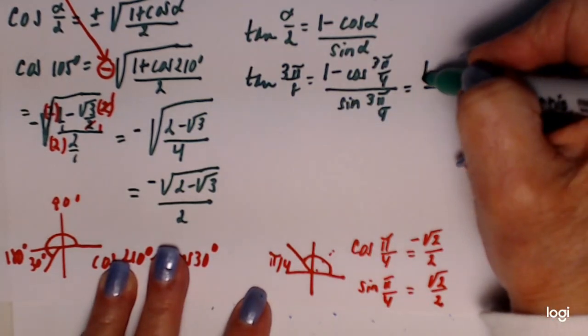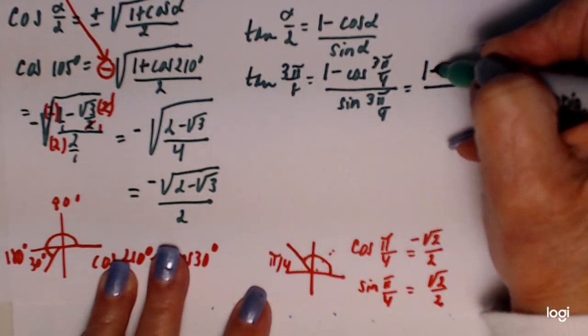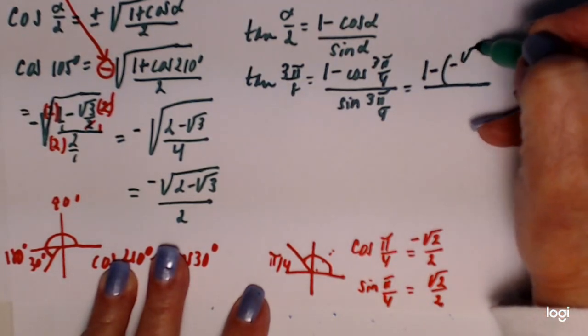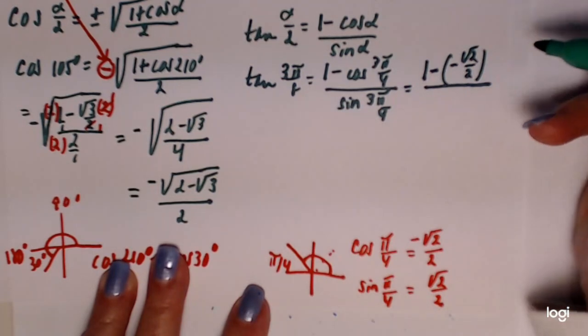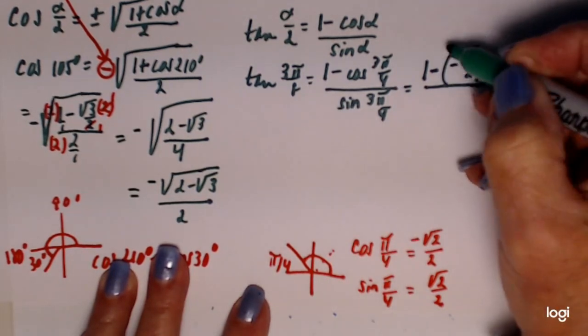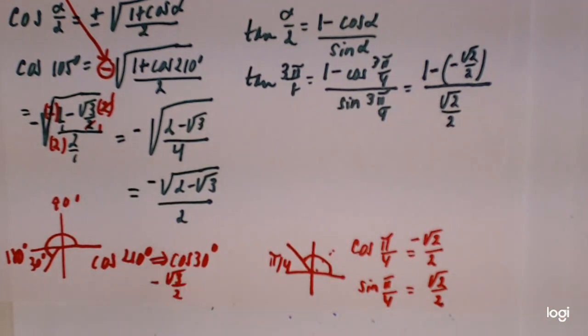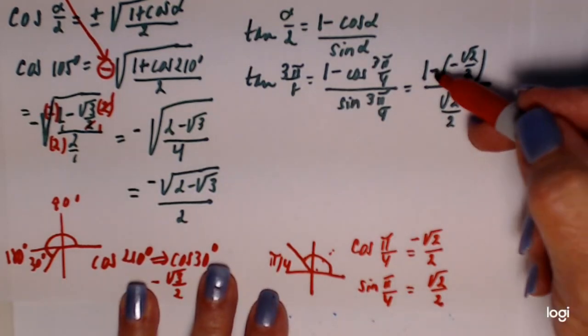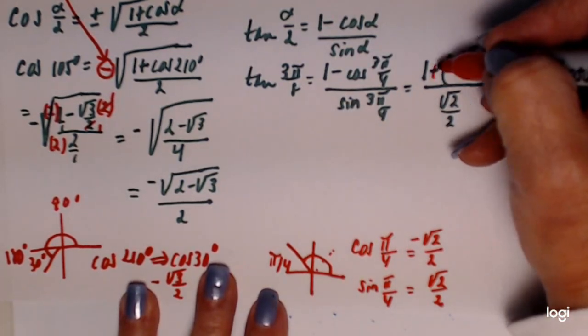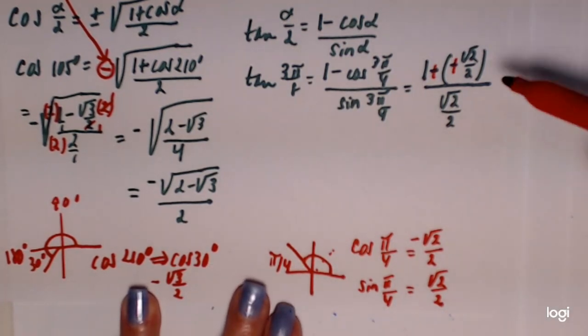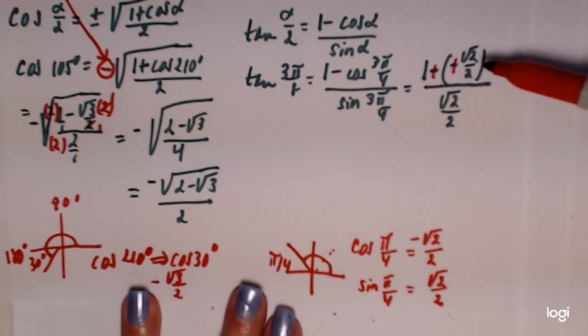So we have 1, and now we have minus, and now the cosine is negative square root 2 over 2. And then the denominator, this is square root 2 over 2. So we're substituting in our trig ratios. Negative, negative, this would become positive. So I'm going to make that positive there. And so that helps simplify the sign sum.